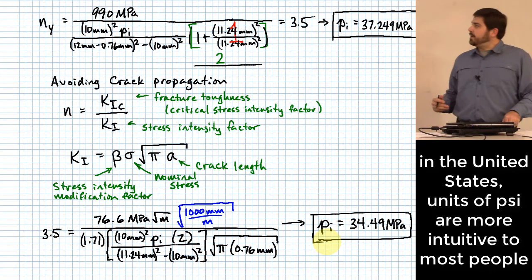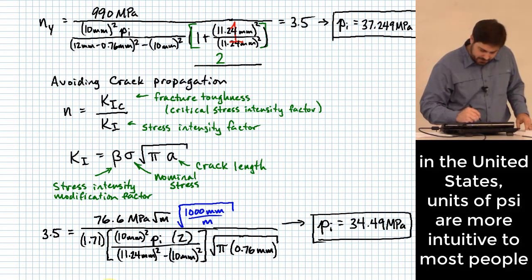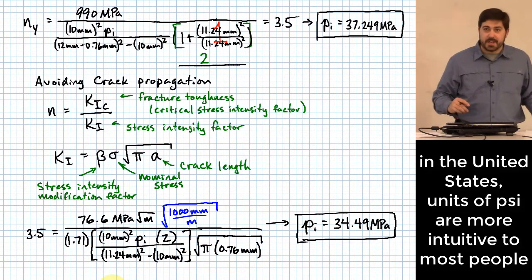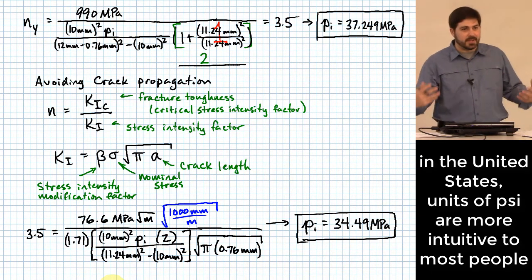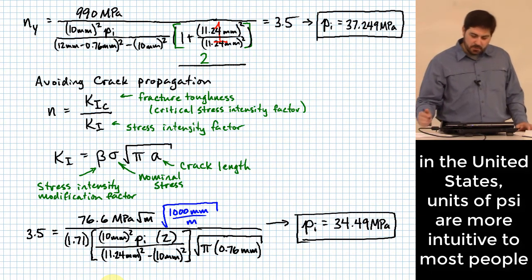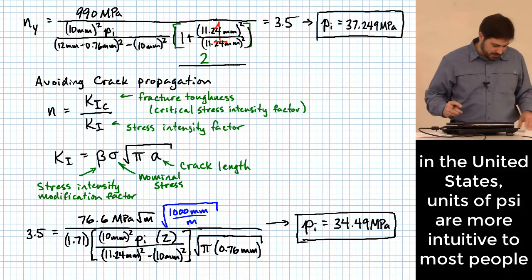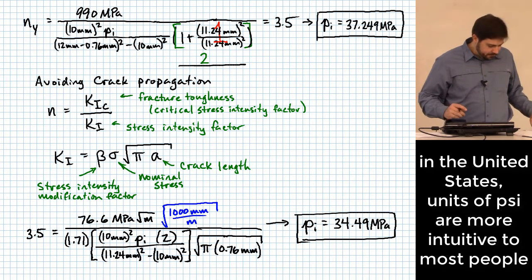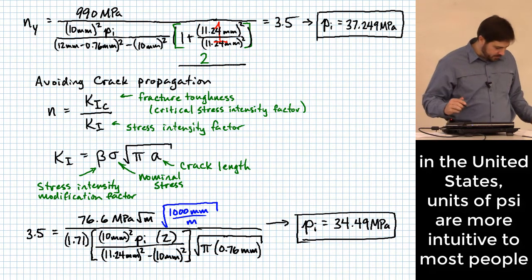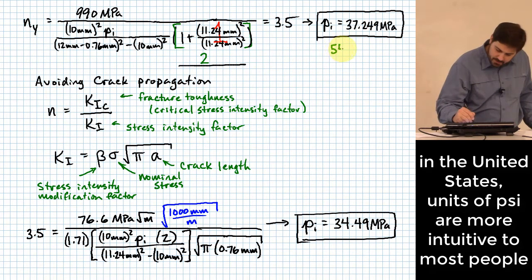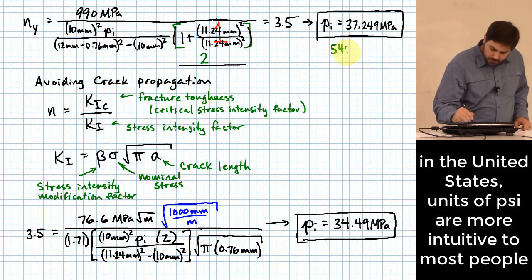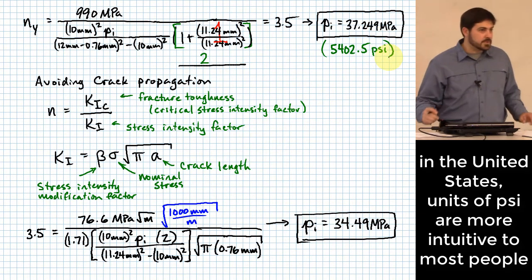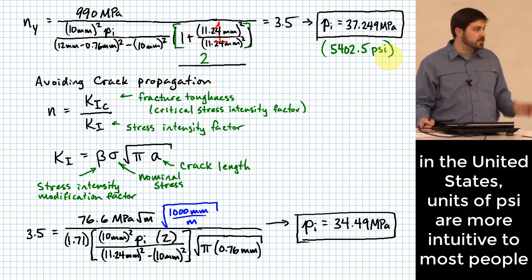Okay, and you know, here in the United States, we don't know what the heck a megapascal is in terms of like the feel of it, right? So one of the things that you might be curious about, so I'll tell you. The first one that we had up there, turns out that's about 5,402.5 psi. It's a lot of pressure, but it's not unheard of pressure that you could have in a tube like this.